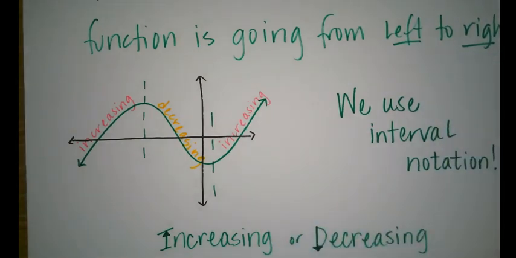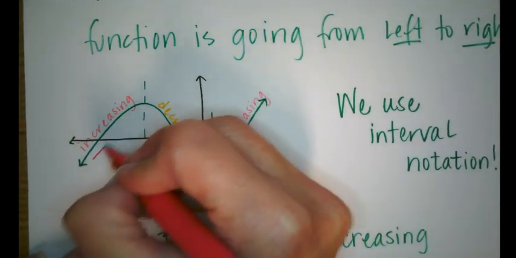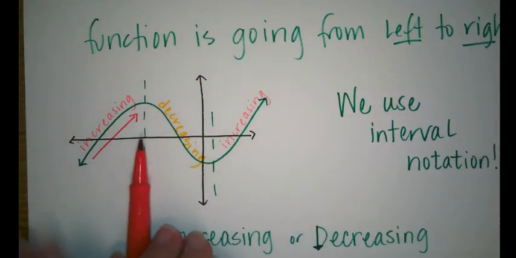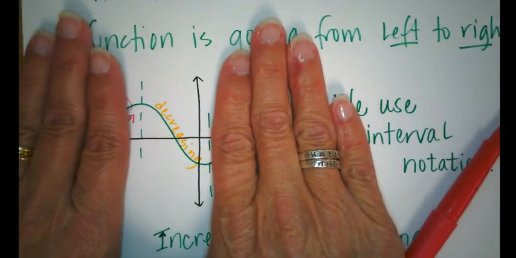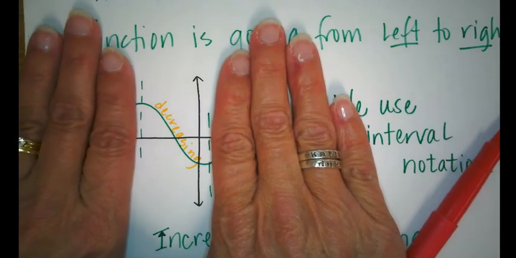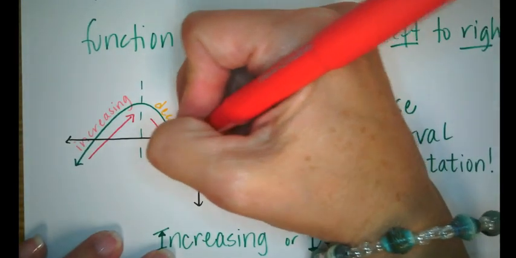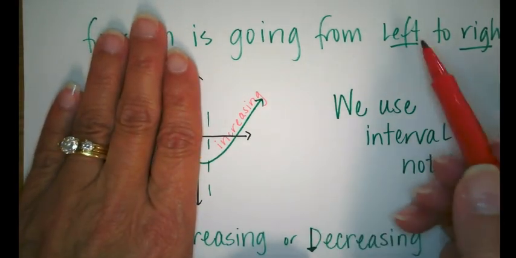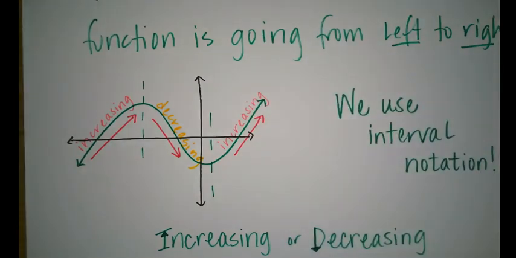So we're going to say that the graph was increasing until it got to this part right here, and then between here and here, which might be like, I don't know, -6 to +1, between those two x values, our graph was decreasing, and then from 1 on for the rest of the graph, our function was again increasing.